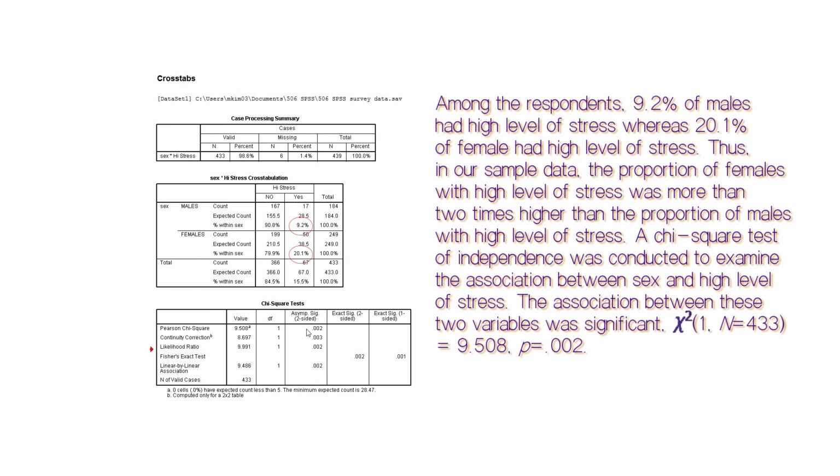A chi-square test of independence was conducted to examine the association between sex and high level of stress. The association between these two variables was significant. Chi-square, degrees of freedom 1, the number of total valid cases is 433, and the chi-square value is 9.508, and p-value is 0.002.